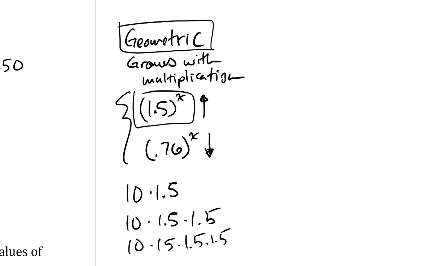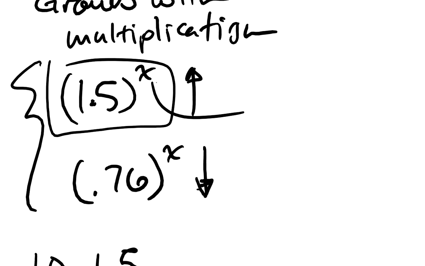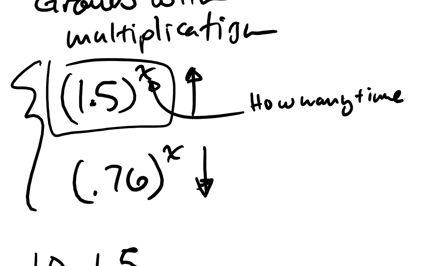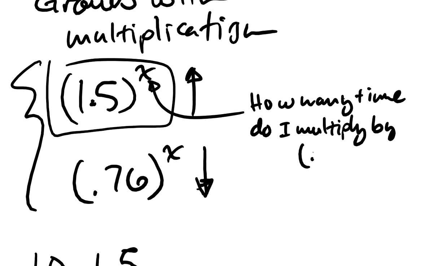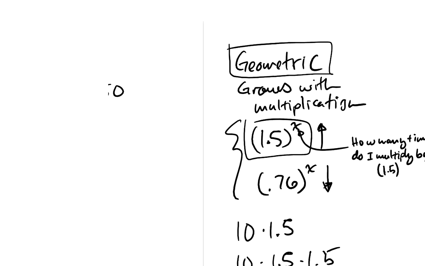So remember, this exponent right here tells me how many times do I multiply by this base, this 1.5. Right, so I'm multiplying by it repeatedly.